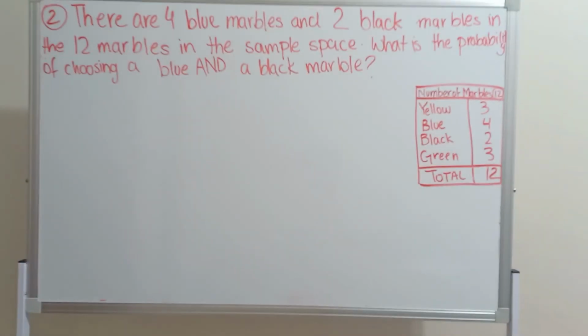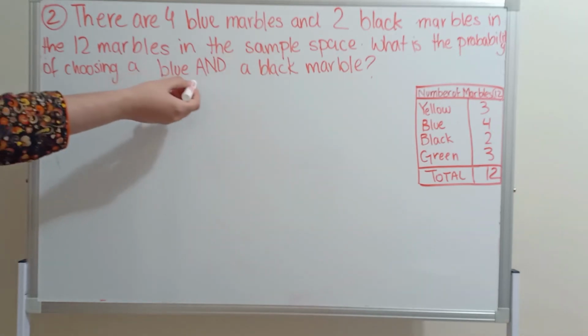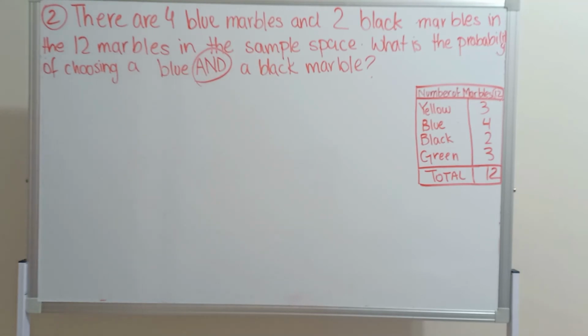So here we have our next question. It says there are 4 blue marbles and 2 black marbles in the 12 marbles in the sample space. What is the probability of choosing a blue and a black marble? Now look. We have and here, and just like we learned in the last question, when there is an and, we will have to multiply.